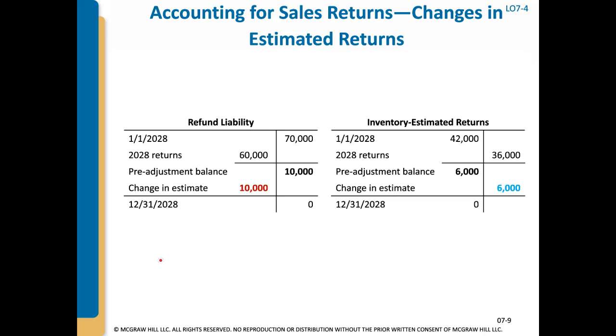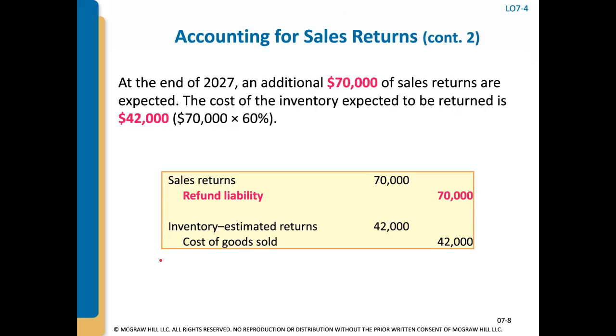So let's continue this, and we say, okay, well, we estimated the $70,000 would be returned, right? So at 12/31/2027, we booked that refund liability of $70,000. This is that same slide when we accrued that $70,000 liability for expected returns.